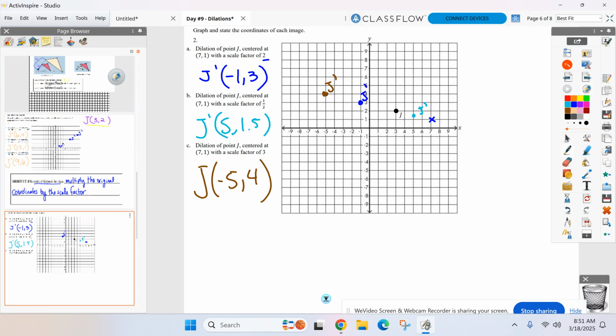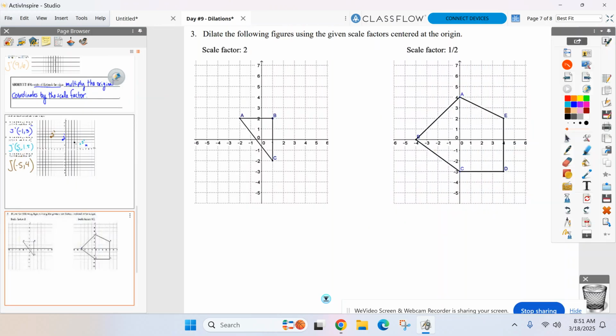Questions, guys? Dilating when it's the origin versus not the origin. All right, because these next couple problems you're just going to kind of take on your own here. I'll put up my answer up here so you guys can check, but I'm kind of done with the teaching here today. So go ahead, you're going to dilate this triangle by 2, and notice it is around the origin.